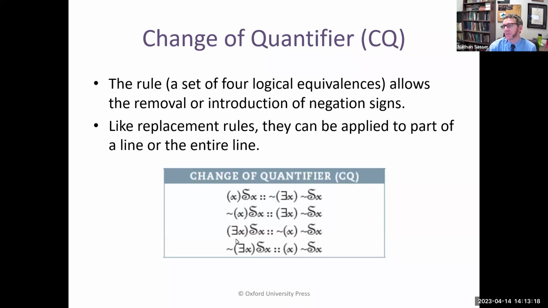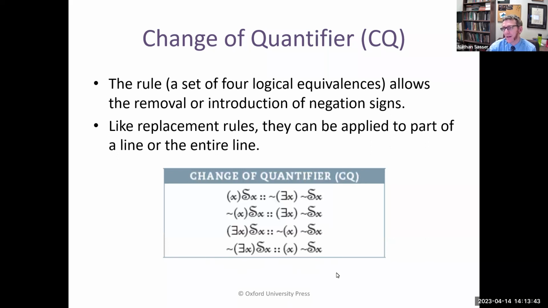In other words, if something is s, then it's not true that all things are not s. And then finally, if it's false that some x is s, then it's true that for all x, they are not s.